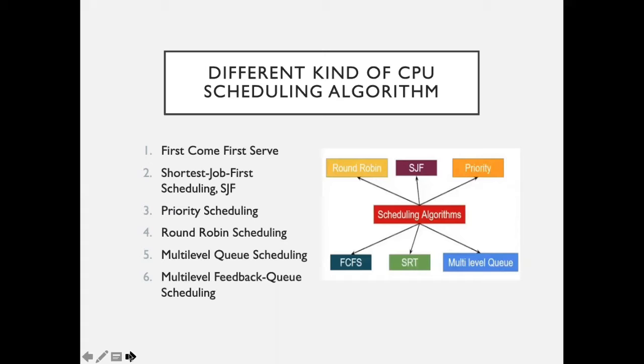There are many different CPU scheduling algorithms, with the most common ones being first come, first serve, shortest job first, priority scheduling, round robin, multi-level queue scheduling, and multi-level feedback queue scheduling.